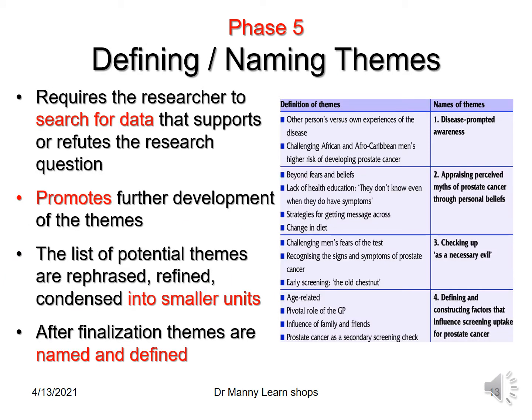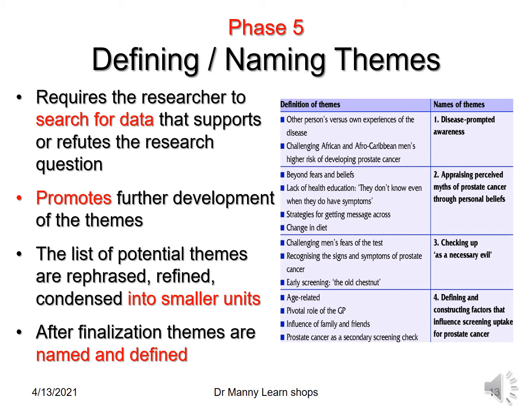Then you've got phase 5. And this is where you define or name, labeling the themes. And this requires you as the researcher and the analyst to search for data that supports or refutes your research question.